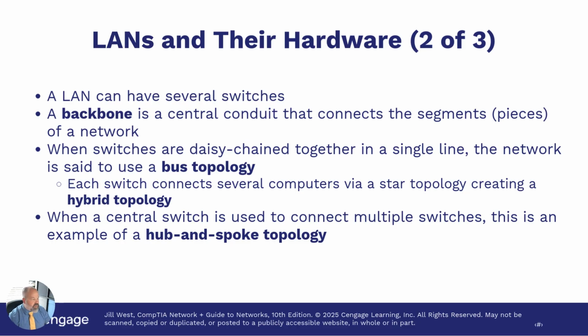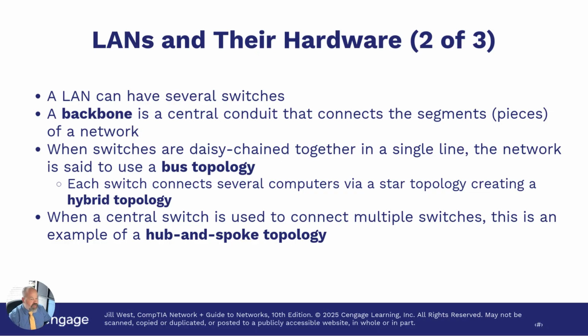A LAN can have several switches linked together. The main ways they connect are via a backbone, which is the main conduit that connects network segments, like the central hallway of a building. Bus topology, where switches are connected in a single line. The downside to bus topology is that if the line breaks in the middle, traffic can't get through.